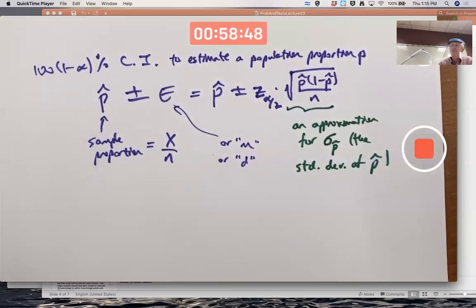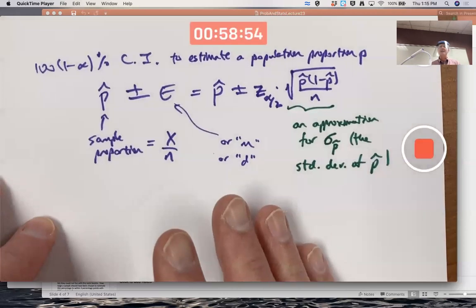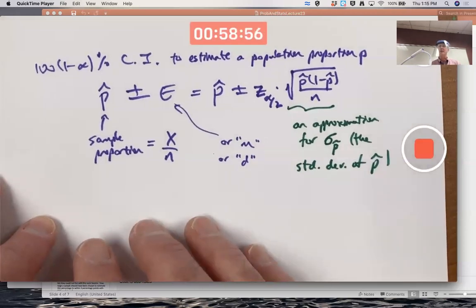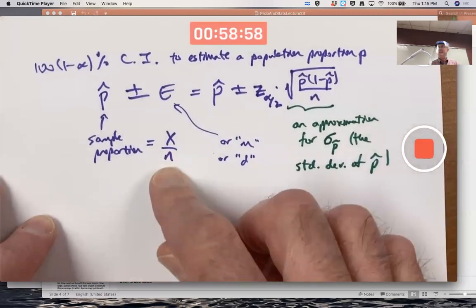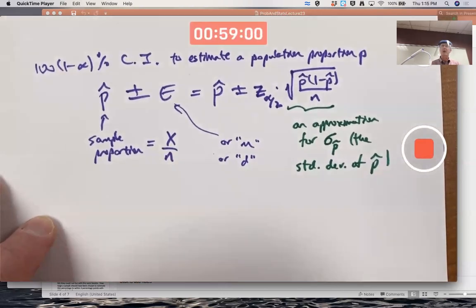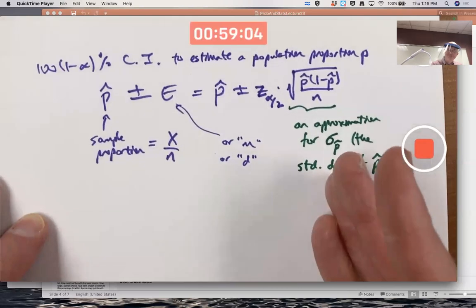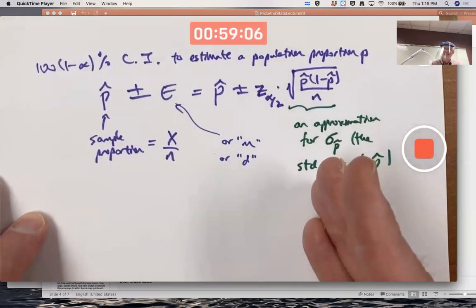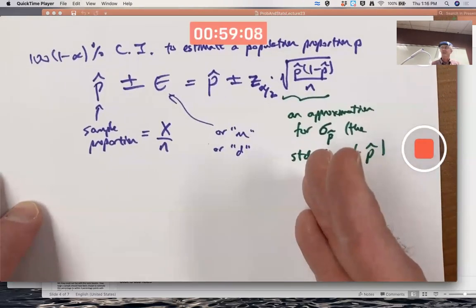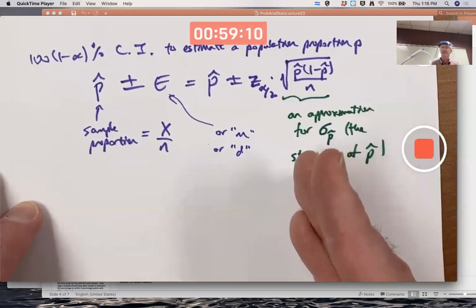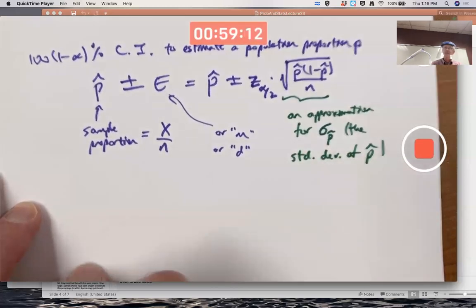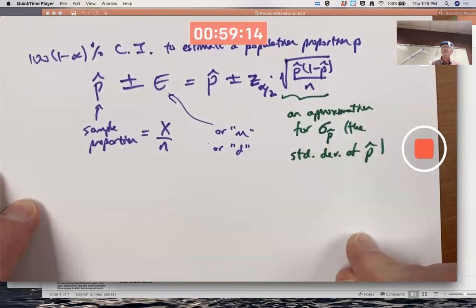I probably shouldn't have called that X. I should have called it maybe X1. When I flip a coin n times, it's like I'm flipping a coin one time, n times. Isn't that a deep thought? When you flip a coin 20 times, that means you flipped it once 20 times.